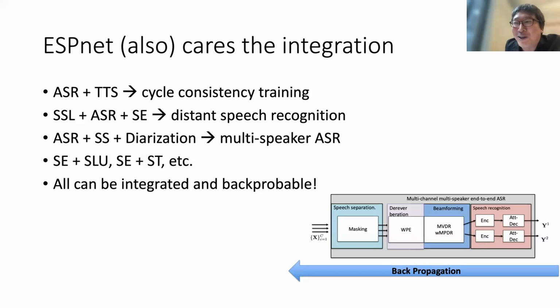So ESPnet TTS is actually implemented toward integration with ASR, and the same for speech enhancement and so on. We always care about everything being back-propagatable, so that possibly everything can be optimized. That is what we care about.